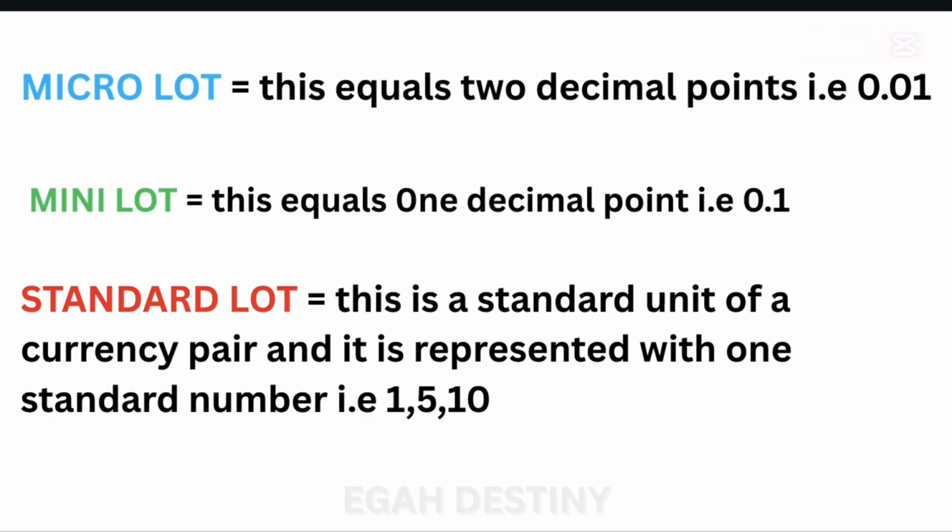Then for standard lots, this is a standard unit of a currency pair, and it is represented with one standard number, i.e. 1, 5, 10, 20, 30, and so on. But there is no decimal point. It just goes from 1 up to infinity, as much as the broker can offer and as much as you have in your trading account.